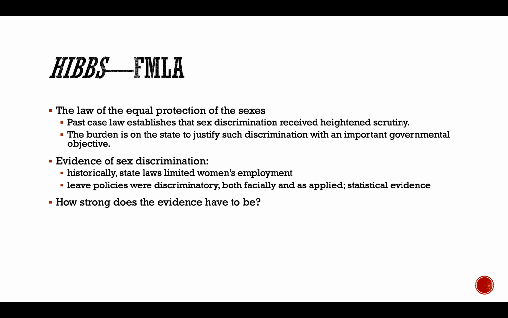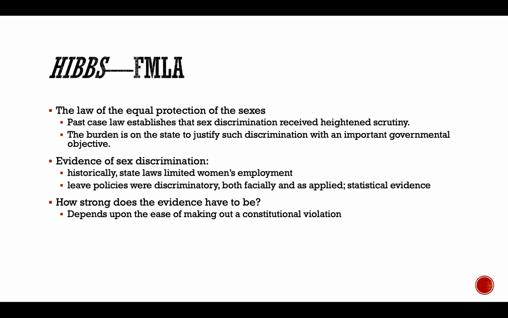All right, so how strong does the evidence have to be? And this was relevant to the quiz question that was asked during the Garrett case. So let's look at what the court says on page 1002.